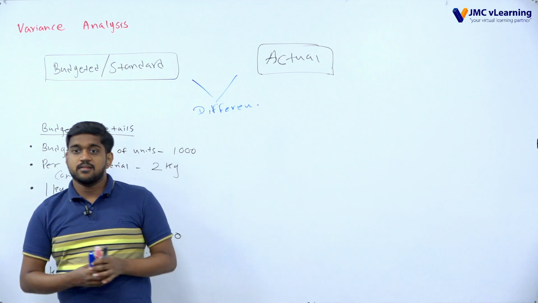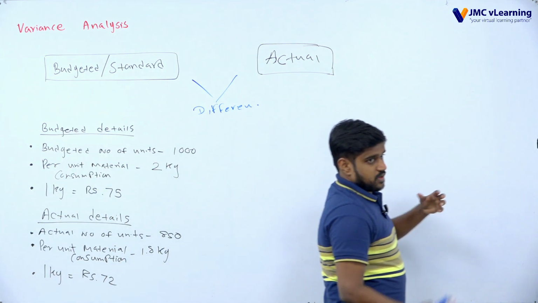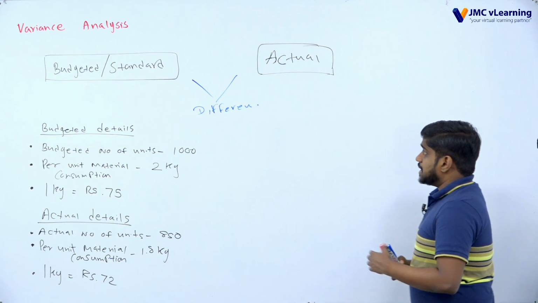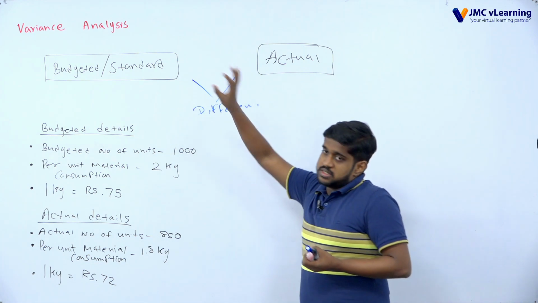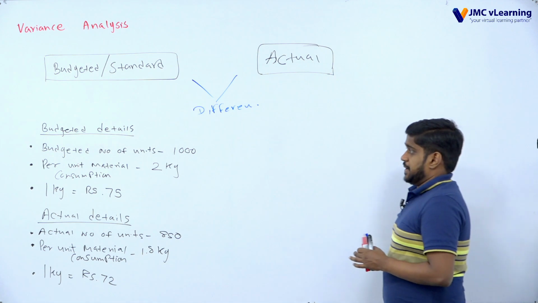The difference between this actual data and flex data we can call a variance. Like this, in this situation also we try to identify the difference between our budgeted data, that means flex data, and our actual data.